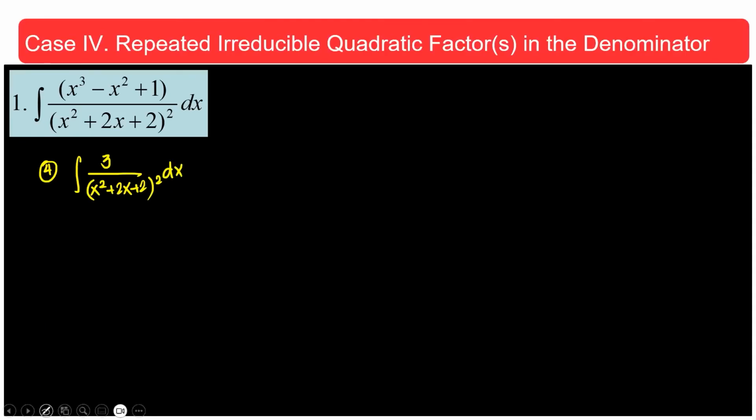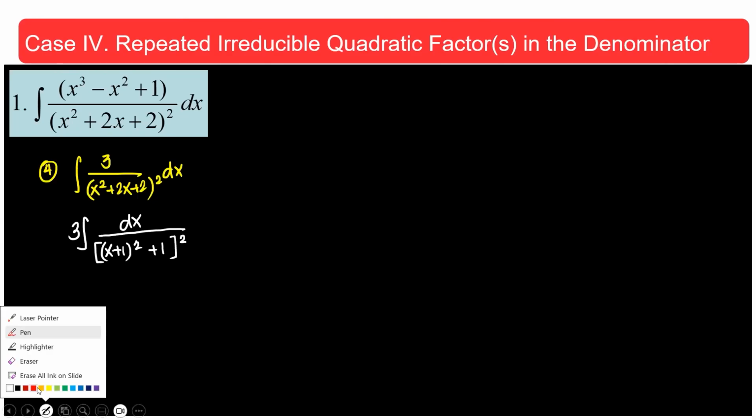Okay. Let's fix this first. We don't need the 3. Let's bring it out. We know that this one is x plus 1 squared plus 1. Diba ganyan itsura niya, guys? Am I correct here? So far, can you follow what I'm doing?